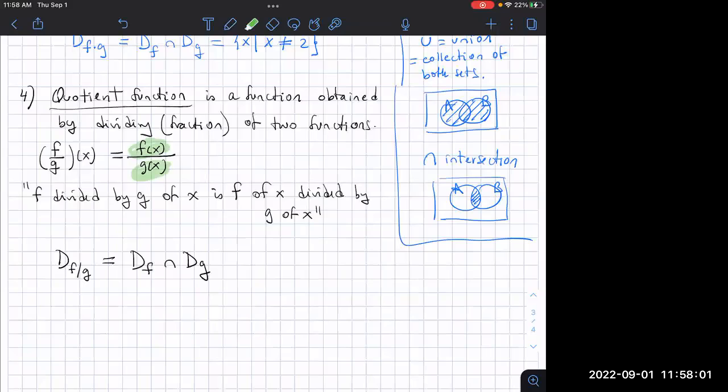But in addition to that, I don't want the denominator to be 0. So the domain of f over g is the intersection of the domains minus, that is, you take away all the x's that make the denominator 0. Okay, so this is the denominator.